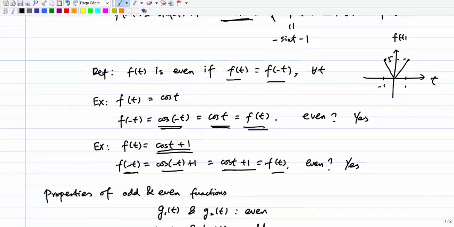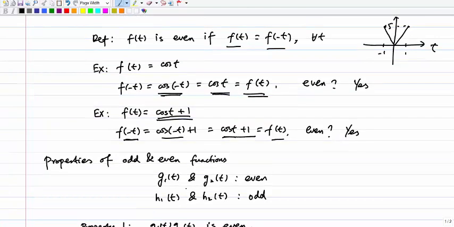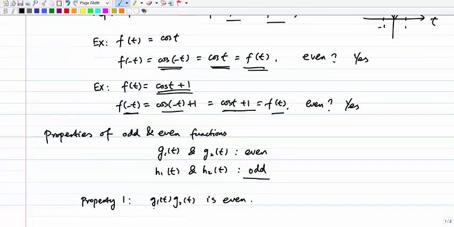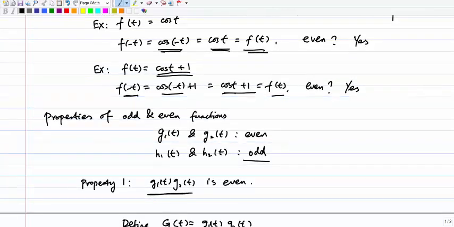Okay, so there are a few properties for odd and even functions. If I give you two functions, g1(t) and g2(t), which are even functions, and h1(t) and h2(t), which are odd functions. First of all, the product of g1 and g2 is an even function. The reason is pretty straightforward.